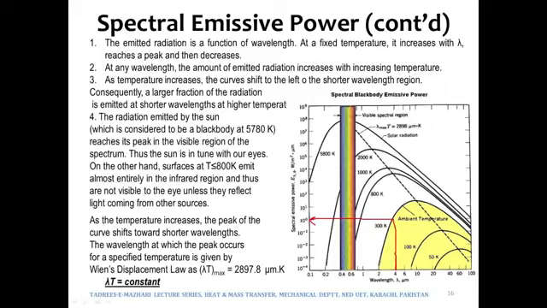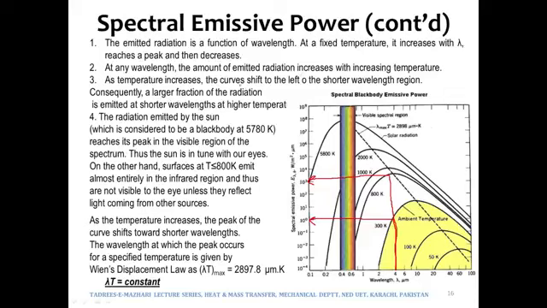However, at 4 micrometers, if the temperature of the body is 800, then it would be having higher spectral emissive power. So at any particular wavelength, the amount of emitted radiation of course increases with increasing temperature.